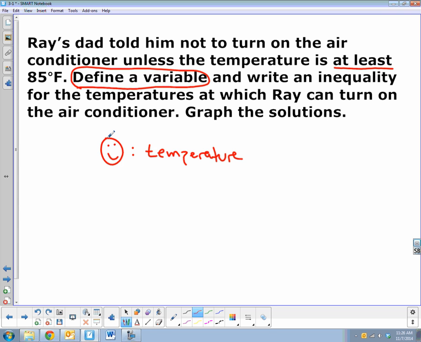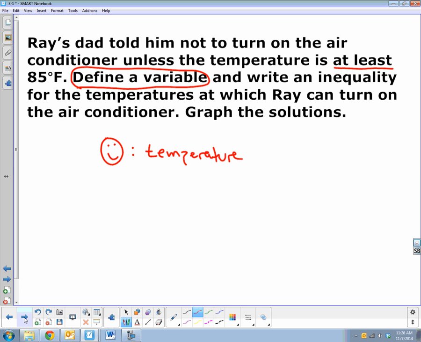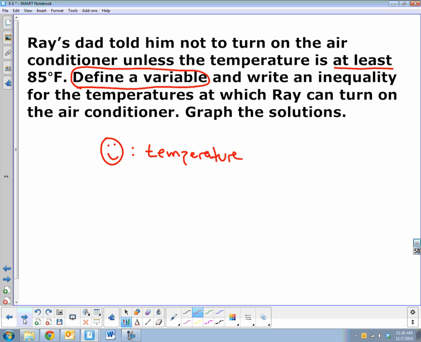At least, it says. I underlined that. At least means greater than or equal to. Ray's dad told him not to turn on the air conditioner unless the temperature is greater than or equal to 85 degrees. So I'm going to rewrite that.